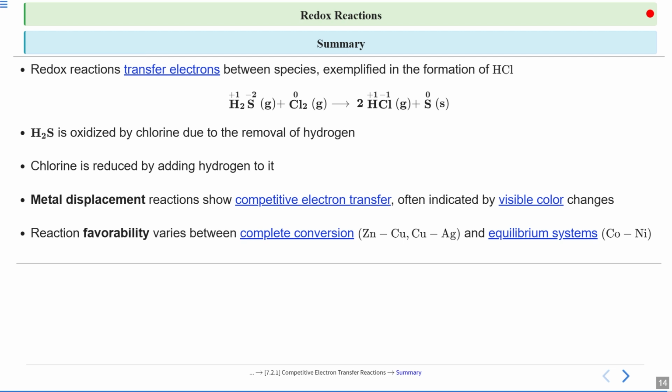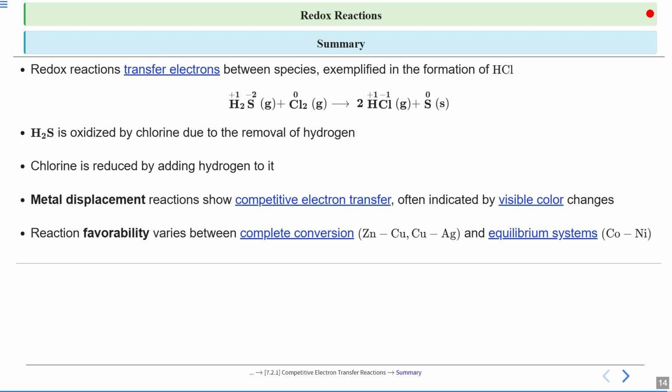If we consider the cobalt-nickel system, we will find that the reactions often reach an equilibrium state, where both reactants and products coexist in a stable mixture. This difference arises from the inherent properties of the metals and the specific reaction conditions involved.